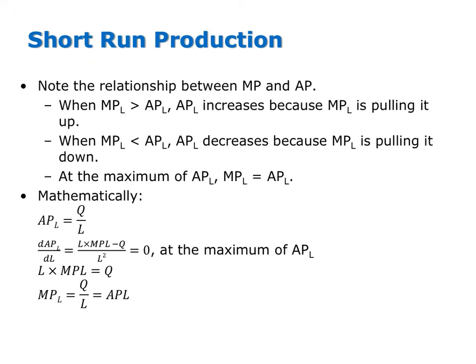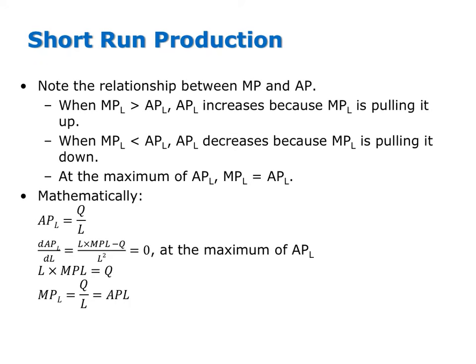If the grade you get in a specific class is higher than your average grade, your GPA, you know that's going to pull your GPA up. That's the same thing that we're saying here. Whenever any marginal is above the average, the average has to get pulled up. And likewise, whenever any marginal is less than the average, the average has to get pulled down.